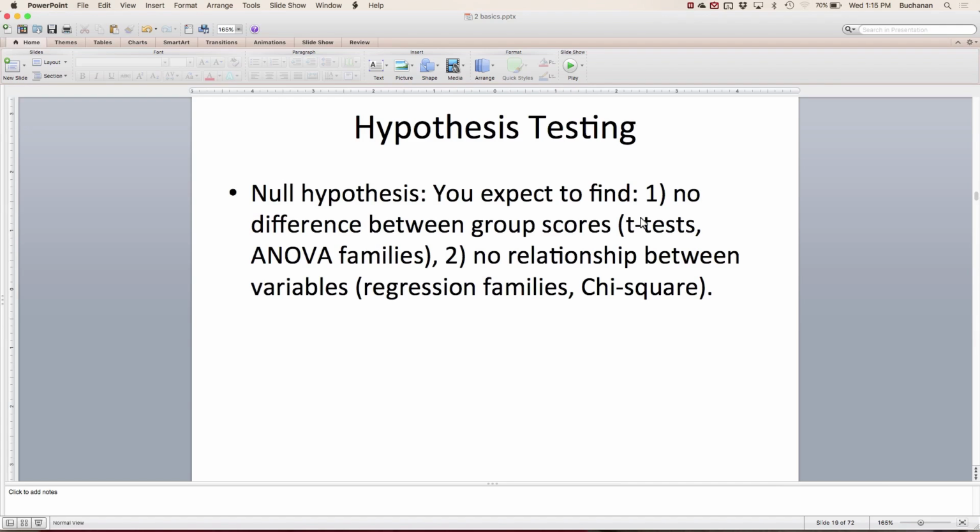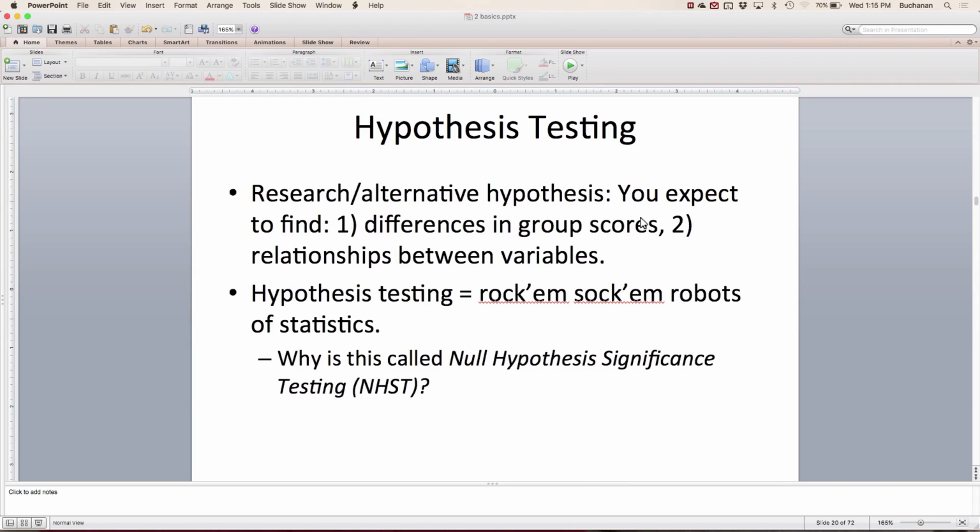You want something to have happened, otherwise why are you doing this study? But you have to say, well, nothing could happen. And then the other option is a research hypothesis, sometimes called an alternative hypothesis, where you expect to find groups are different, or there's a relationship between the variables. And there's my Rock'em Sock'em Robots.